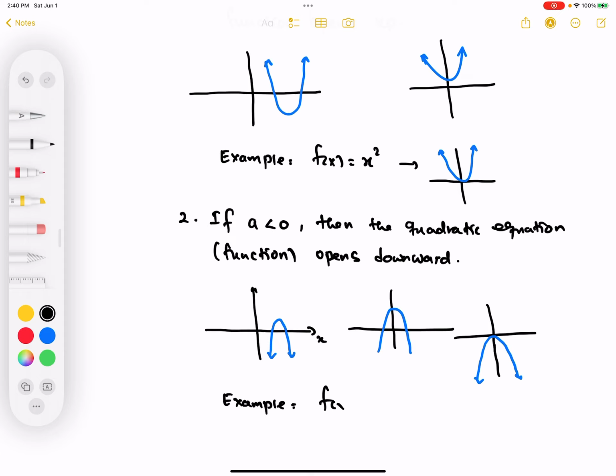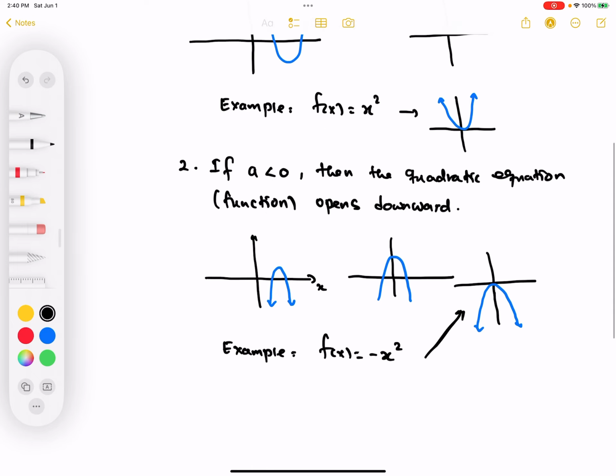Let's say f of x is equal to negative x squared. The graph looks like this one. So these are the properties of a quadratic function depending on the value of a, or the leading coefficient, as we call it in polynomials.